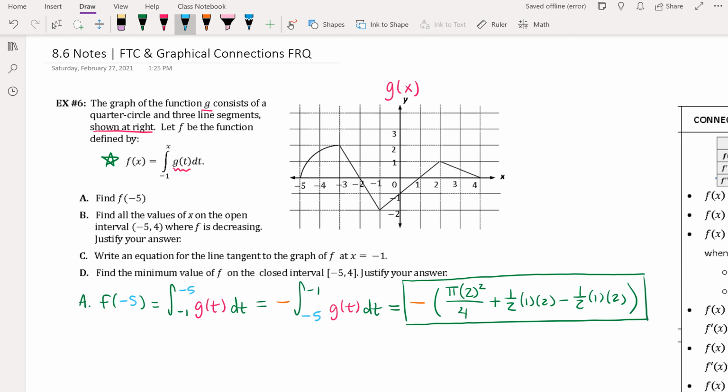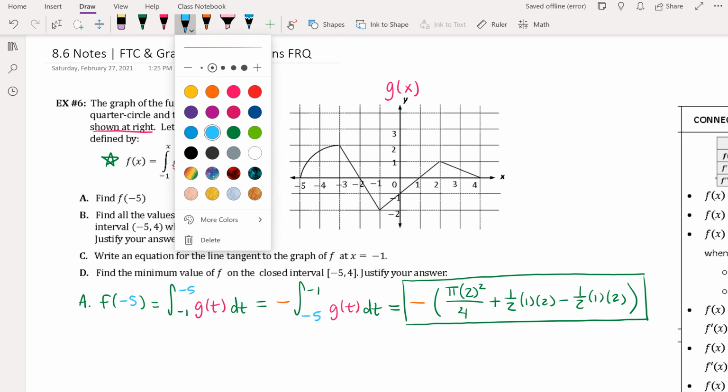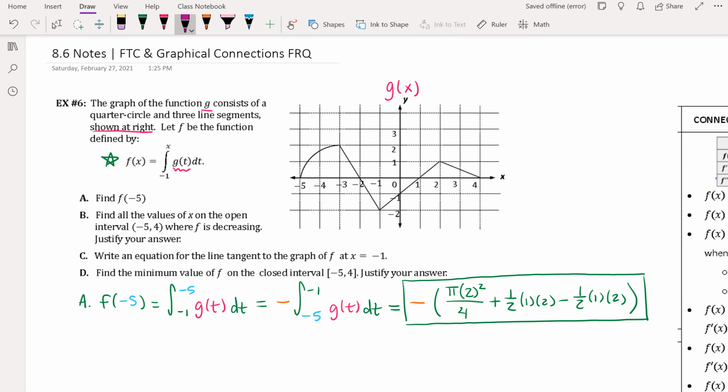We see that phrase, where f is decreasing. Let me underline it. And we should write down instantly our justification. Remember how we start with justification and then do the actual math? So part B, graphical connections. F is, or you could say f of x if you want, but you could just say f. F of x is decreasing.